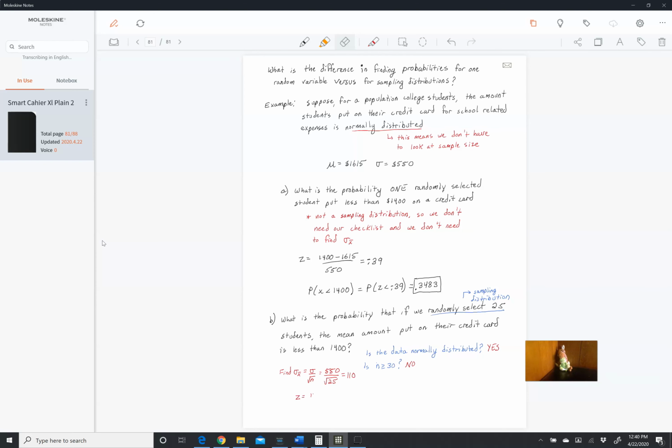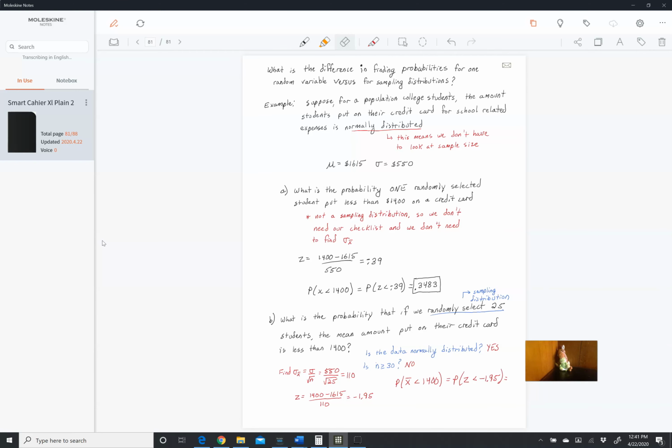So now we find the z-score. Z is equal to 1,400. So notice this top is the same. Over 1615, but now we're dividing by 110 instead. And we get negative 1.95. So now the probability, and notice the difference, we're not writing x, we're writing x bar. The probability that x bar is less than 1,400 is the probability that z is less than negative 1.95.